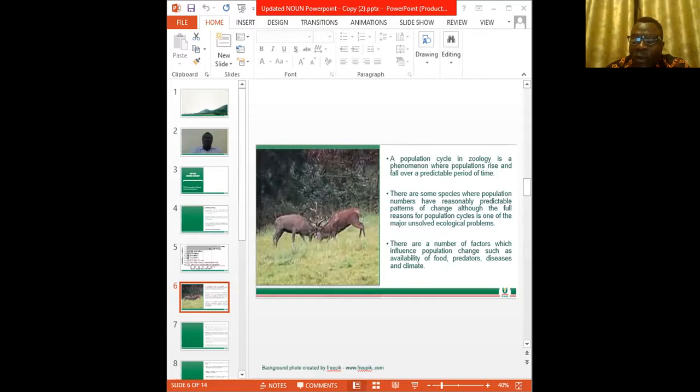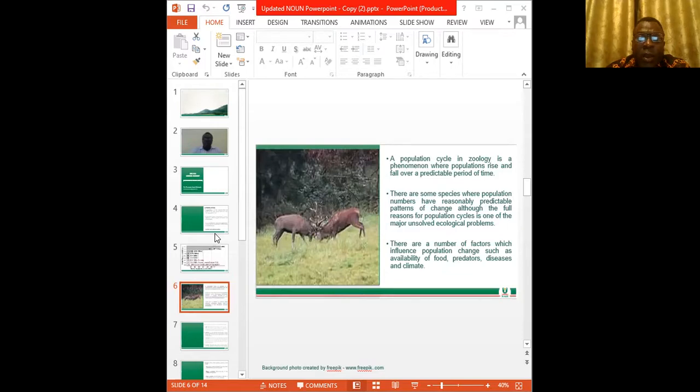And there are a number of factors which influence population change. We mentioned here some factors such as availability of food, predators, diseases, and also climate. The factors that affect these changes or cycles that we know.